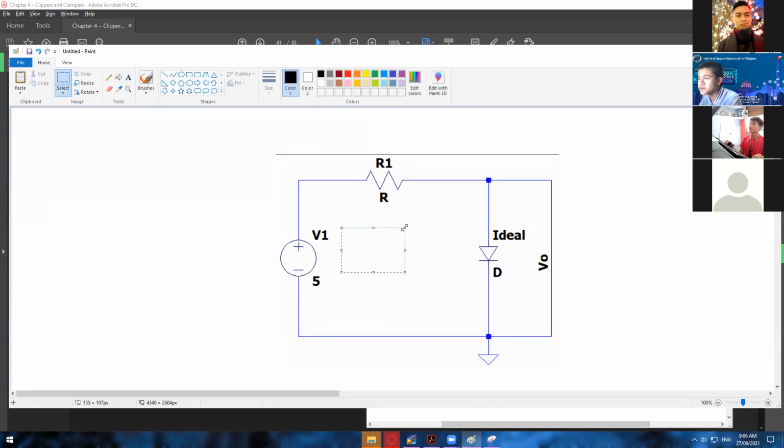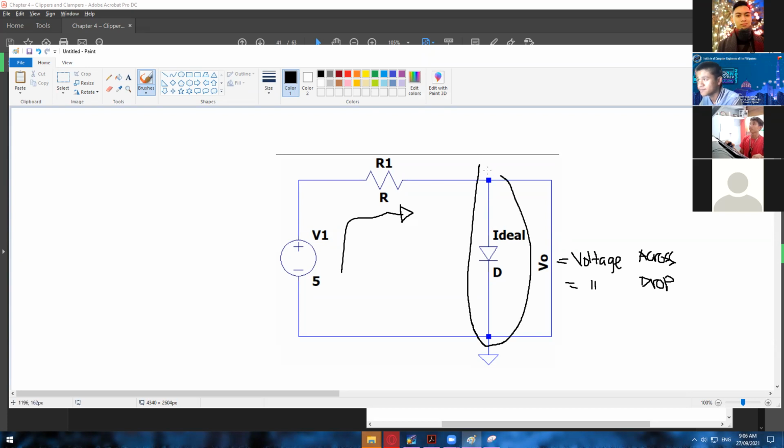Okay, so of course we have a complete flow of current on this circuit. However, if you take a look at this one, this VO is equal to the voltage across, or the voltage drop. And as you can see, there is no reading of voltage drop in here, since there is no resistor on this path right here.